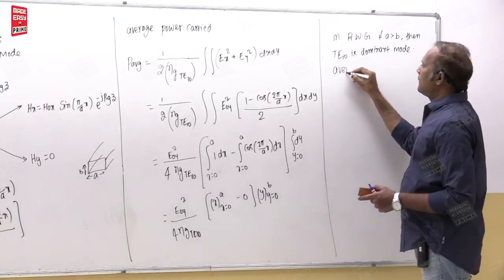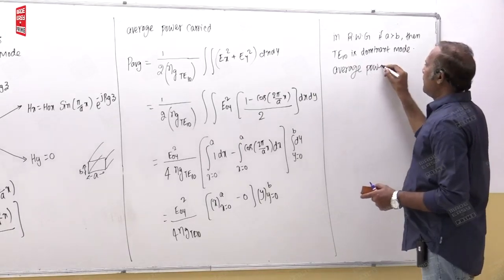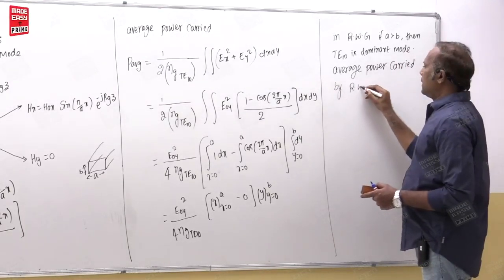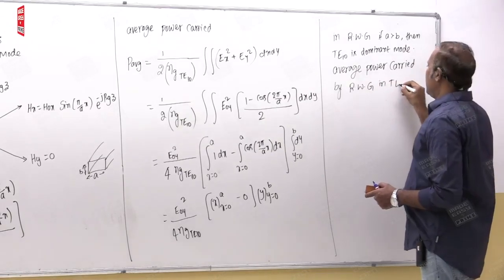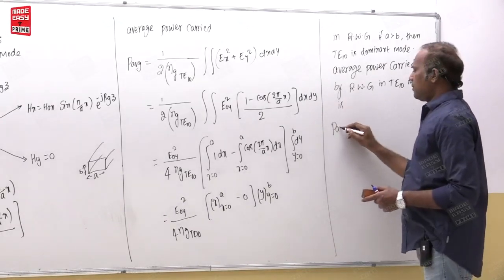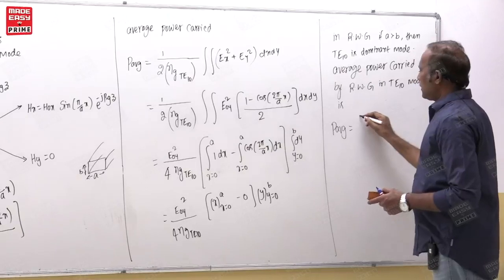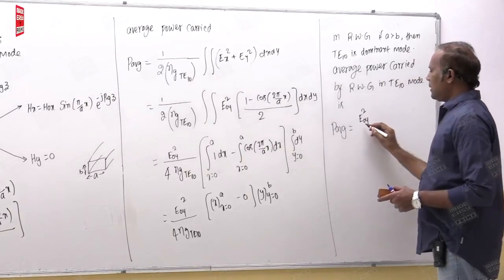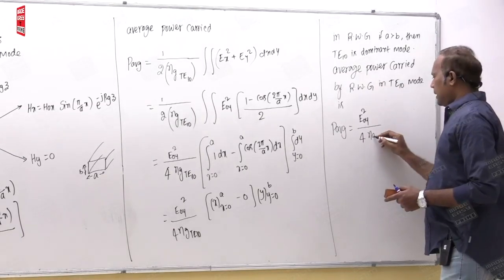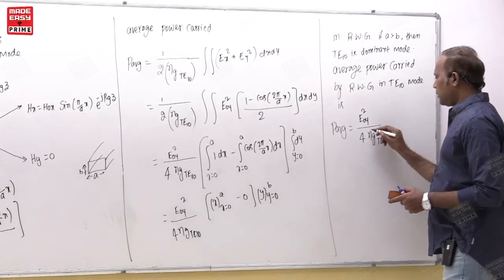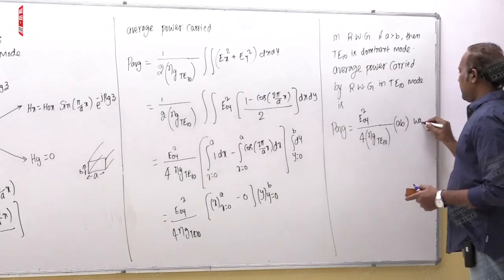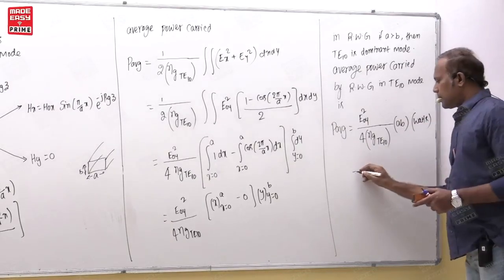The average power carried by a rectangular waveguide in TE10 mode is P_AVG equal to E0y squared divided by 4 eta_g for TE10 mode, multiplied with a into b area, in watts.